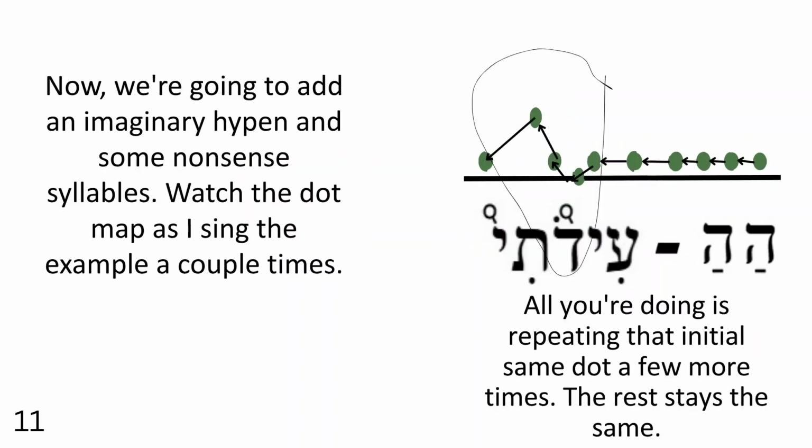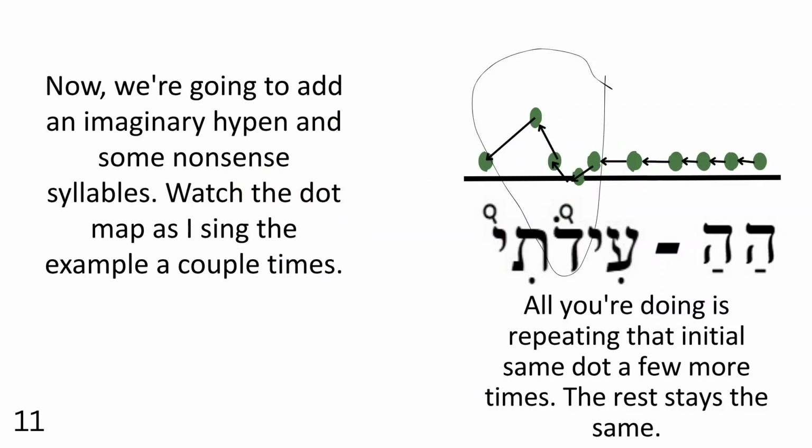Now, we're going to add some nonsense syllables and a hyphen that aren't in the actual word. And I want you to listen and look at the dot map and how I've stretched it. Ha-ha-idoti.